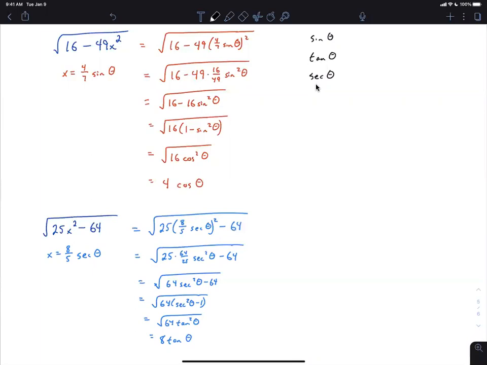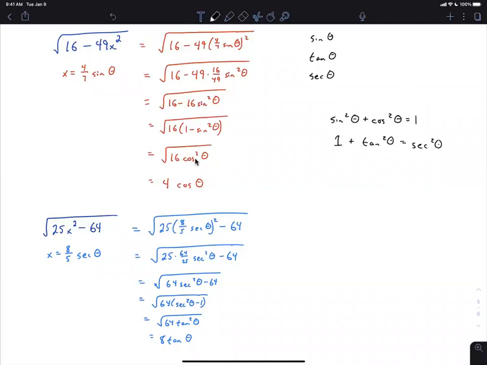Because of the way the identity is. So the identities for these are that sine squared plus cosine squared is 1. And 1 plus tangent squared is secant squared. Now, because you're under a square root, you need to end up with a positive trig function squared.